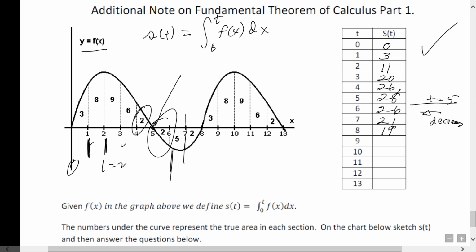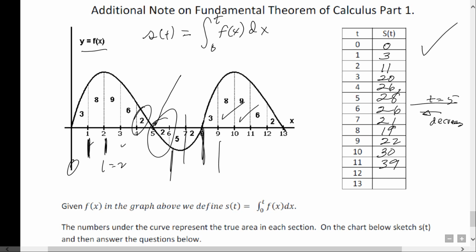So now we've gotten to t equal to 8 and the value of the function is 19, and it's lost all it's going to lose, because now when we get to t equal 9, we've added 3 more. So that's 22, and then we add 8, gives us 30. Then we add 9, gives us 39.